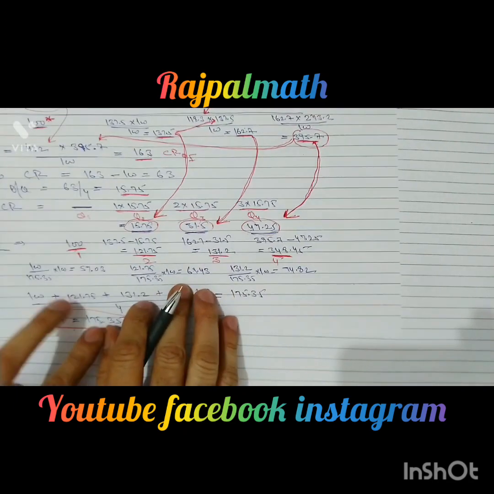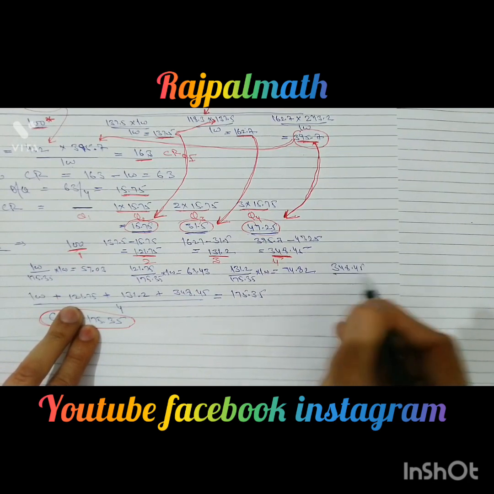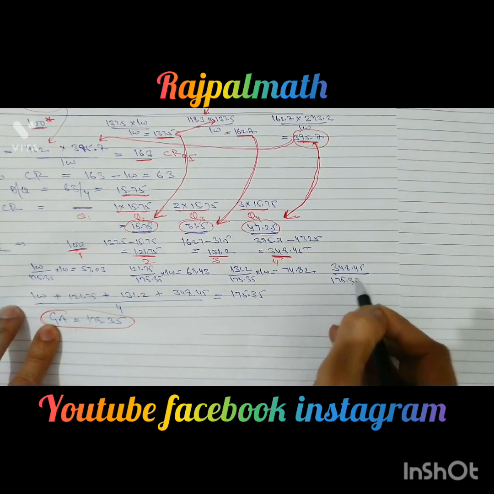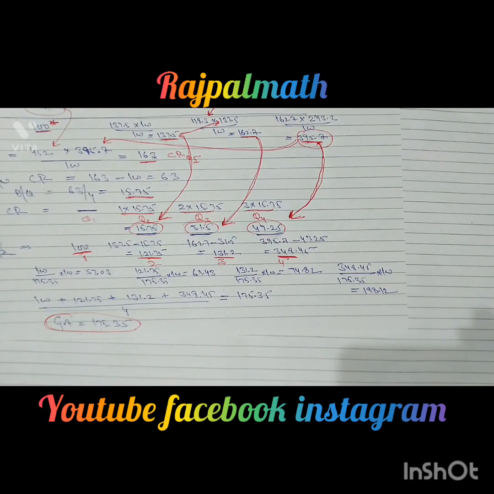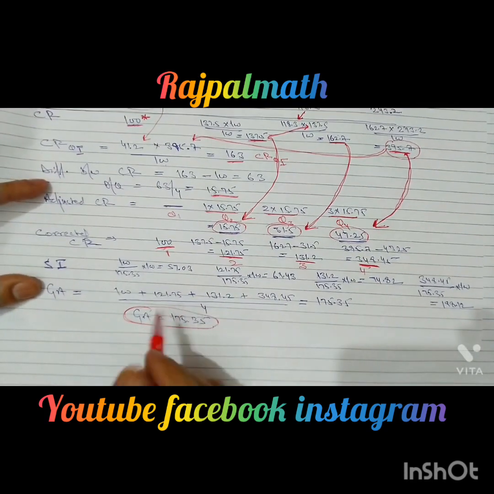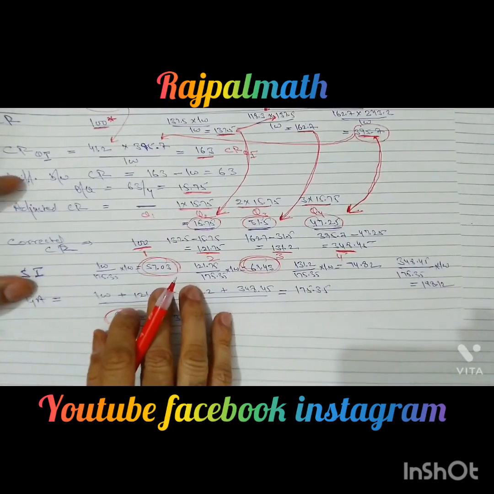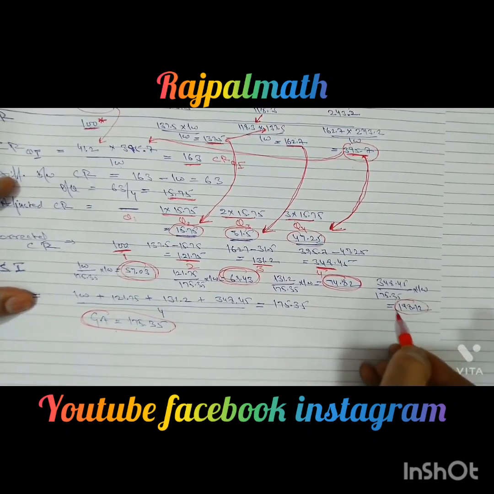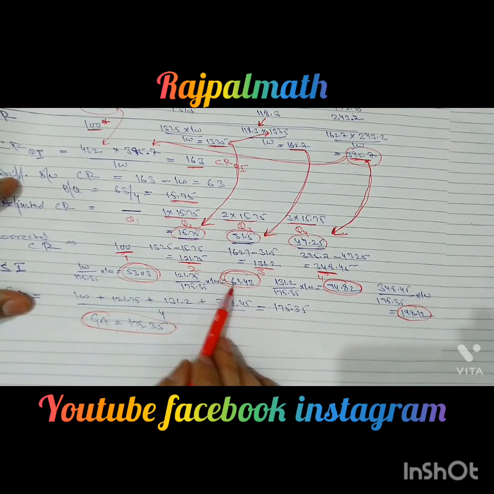And for the last quarter, 348.45 divided by the grand average, 175.35, into 100 comes out to be 198.72. So the seasonal index for the first quarter is 57.03, for the second quarter 69.43, for the third quarter 74.82, and for the fourth quarter 198.72, which is our answer by the link relative method.